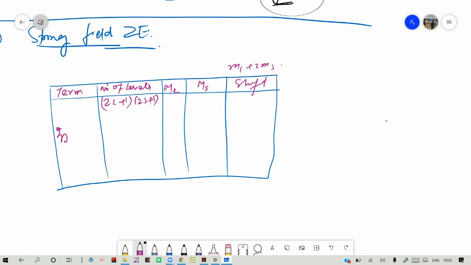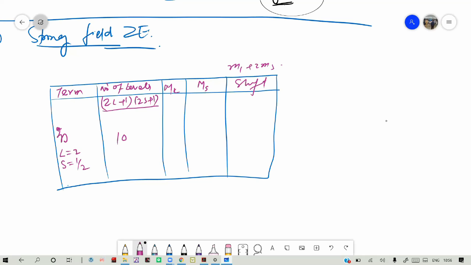Now for 2D, we know that J is not defined because we are not taking the spin orbit interaction, so we don't have any J here. L is equal to 2, S is equal to half, so 2S plus 1 is 2. 5 times 2 is 10, so these are 10 levels.